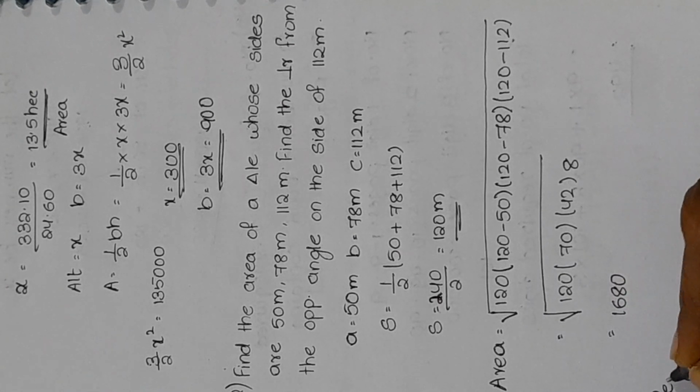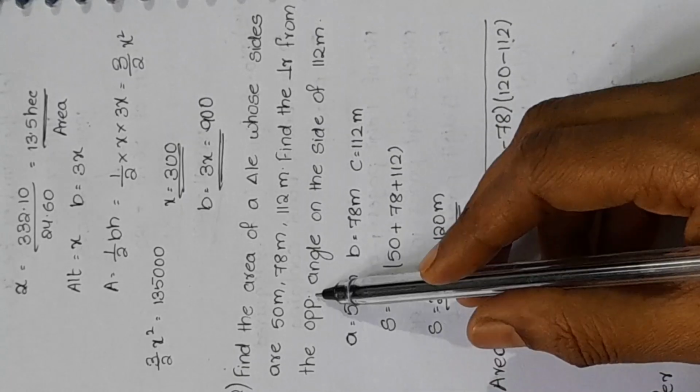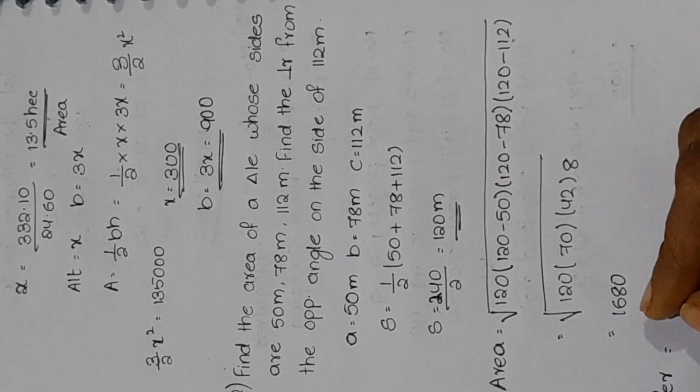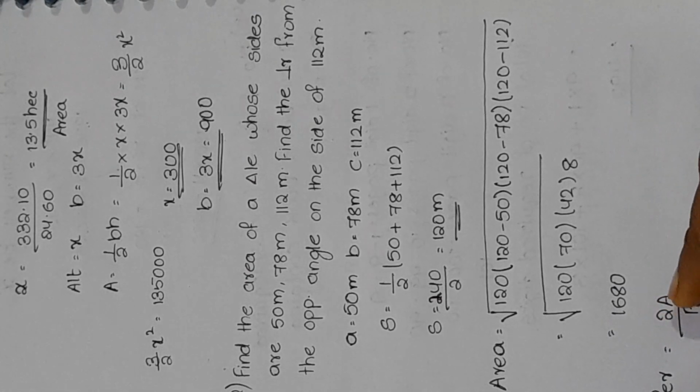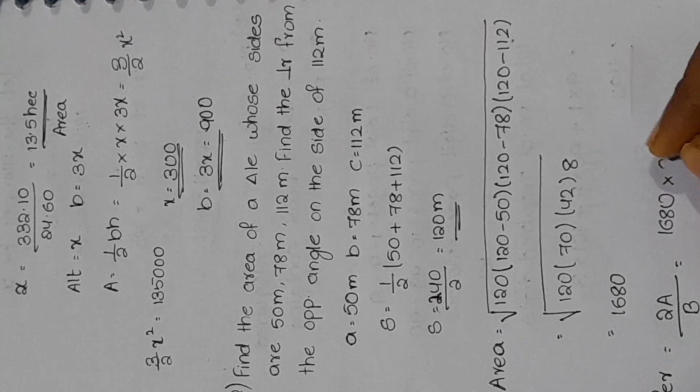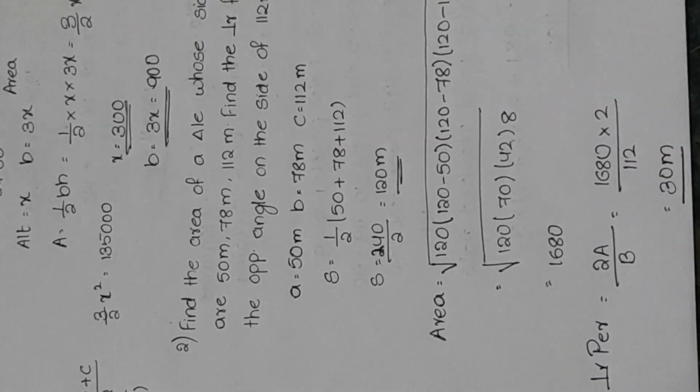So the perpendicular from the opposite angle on the side of 112: perpendicular is equal to 2 into area by base, which is equal to 1680 into 2 by 112. So the perpendicular is 30 meters.